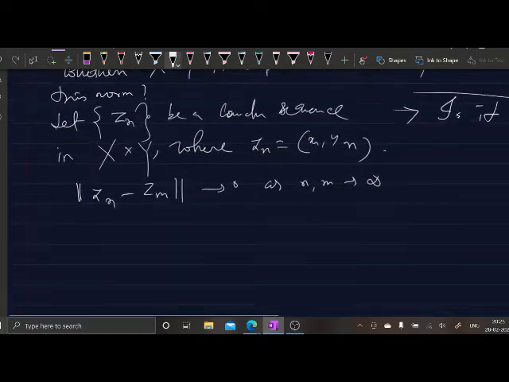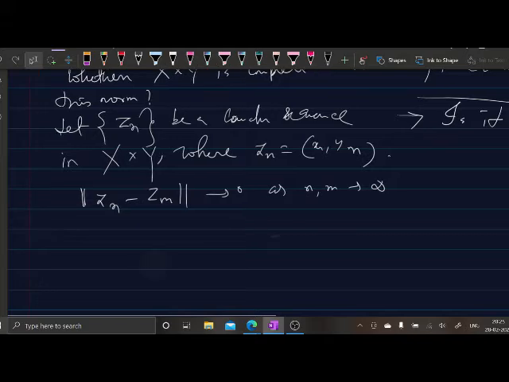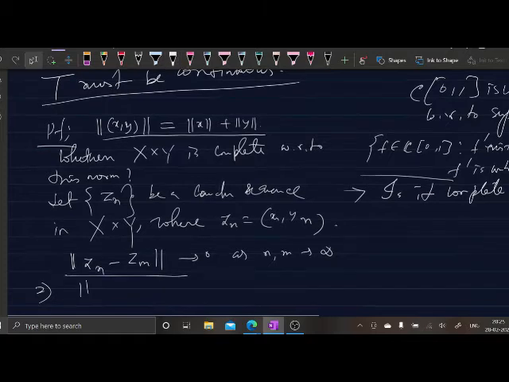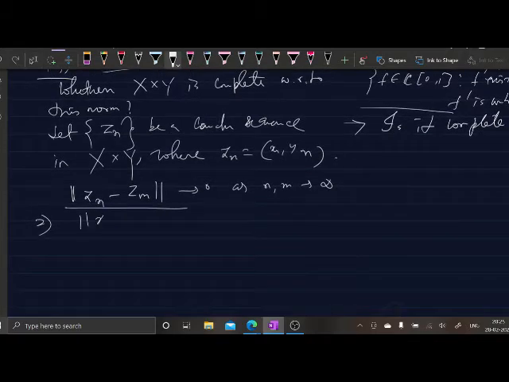And therefore, using the norm defined here, norm of xn minus xm plus norm of yn minus ym will be tending to 0 as n, m tend to infinity.